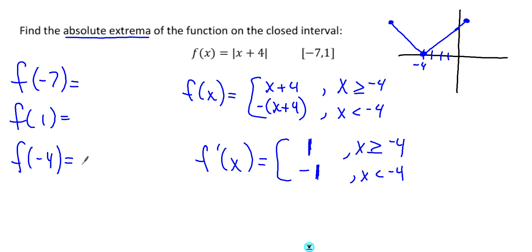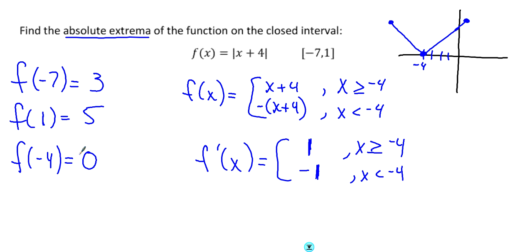So we plug all of these values into our original function. We plug negative 7 in. Negative 7 plus 4 is negative 3. Absolute value makes it positive 3. When you plug in 1, you get 5. When you plug in negative 4, you get 0.